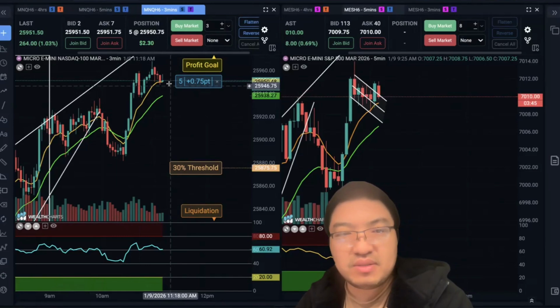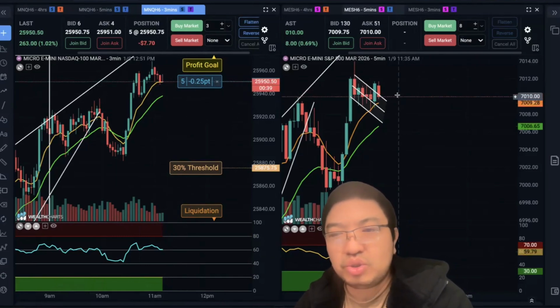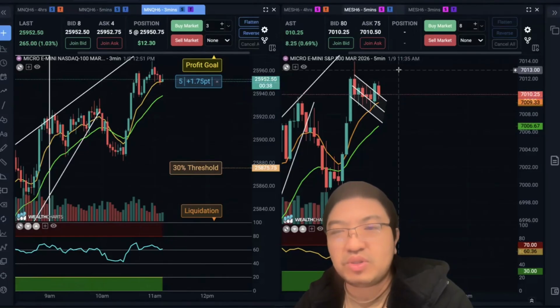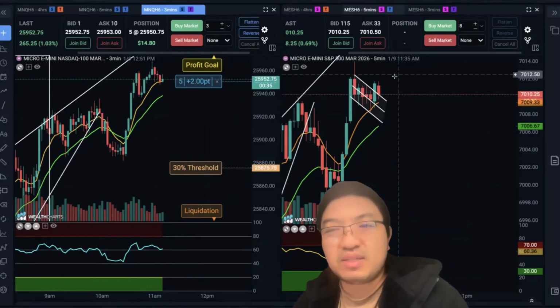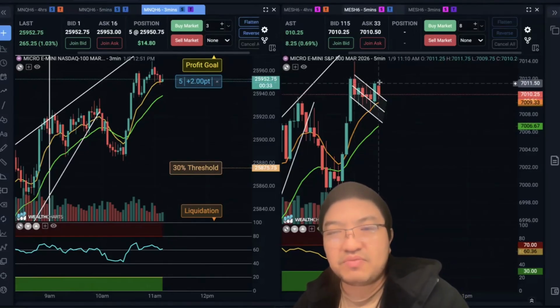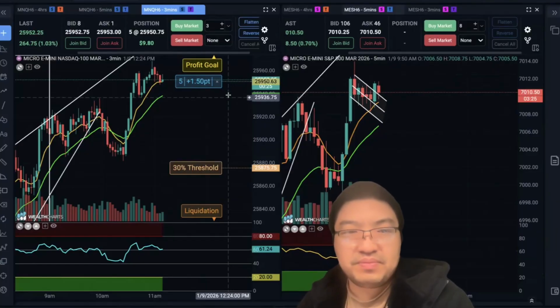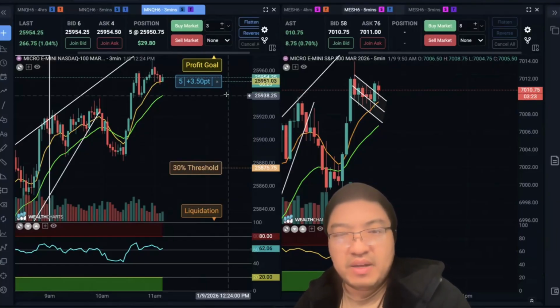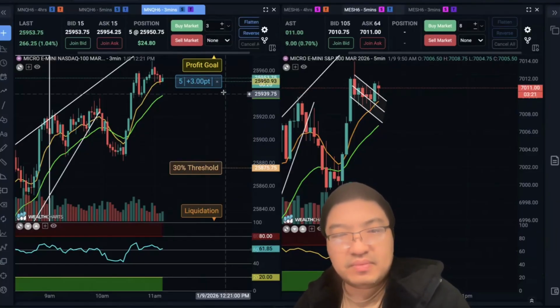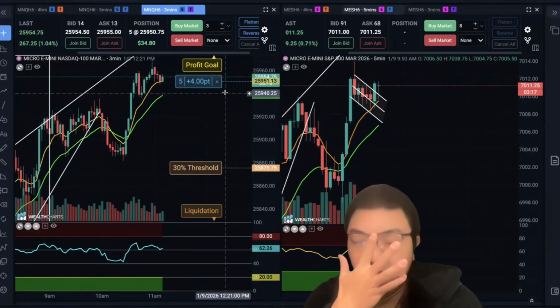I swear. Come on, just break out to the upside. Is this like a fail for the high? I think it's just a retest back to the upper side of the flat channel and keep going up. Yeah, we'll see.